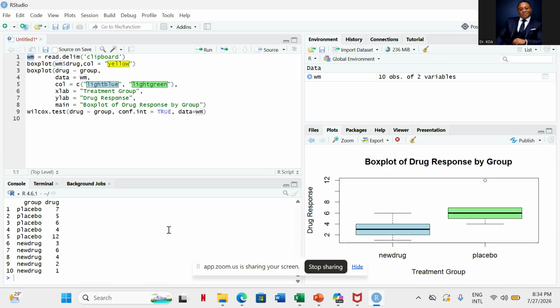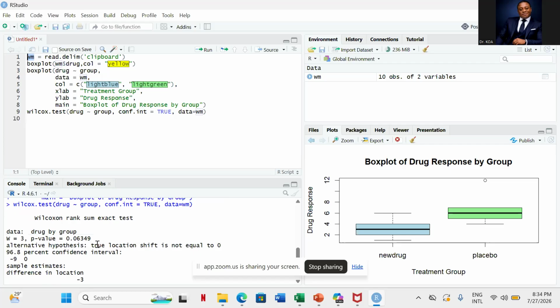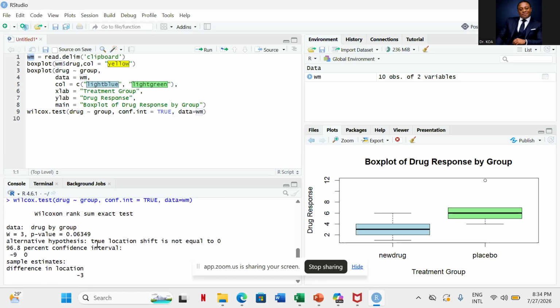Yeah, you're on track. Right, now go up. Let me see the final result. The difference even in your location is slightly different. Yeah.